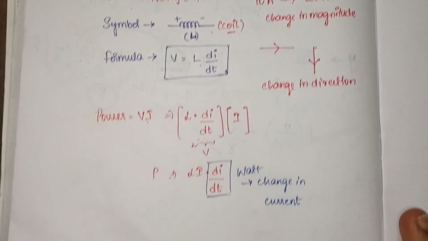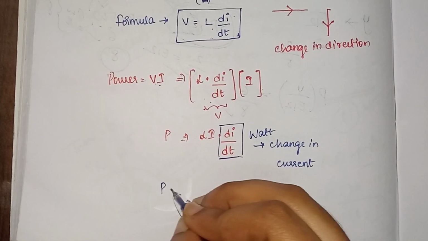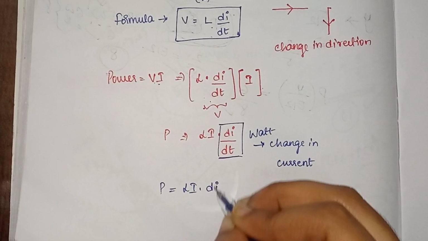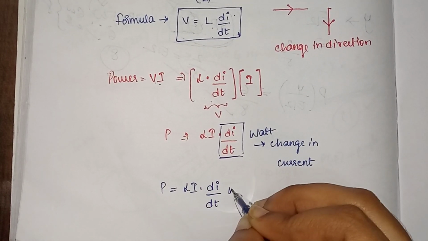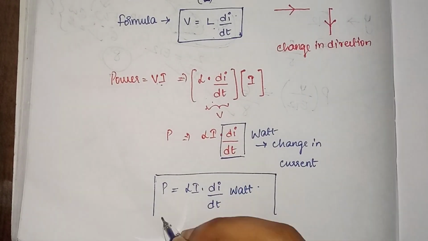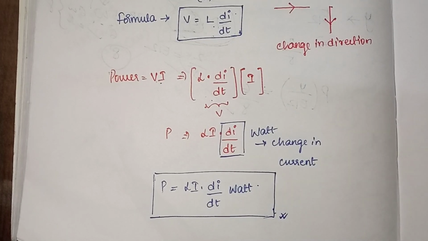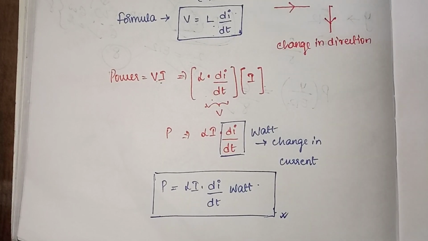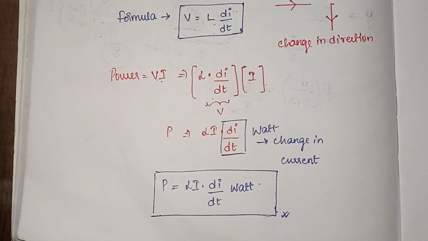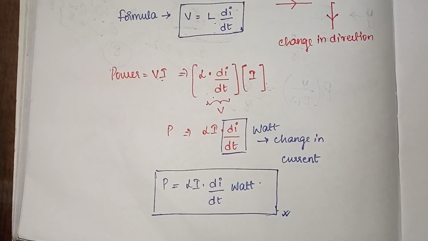So the final equation of power with respect to inductance will be P is equal to L i into di by dt watt. So this will be your power equation. Okay. And now let's see the energy stored in an inductor. What is the formula of energy stored in an inductor and how we can tell that this particular energy is stored in an inductor?